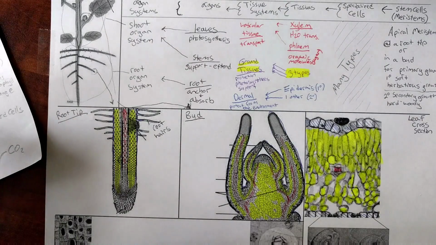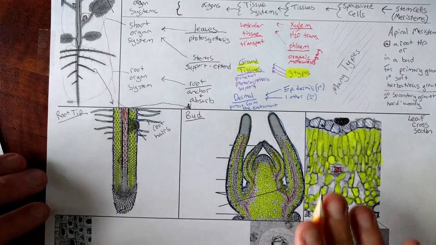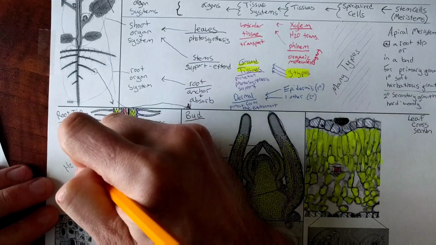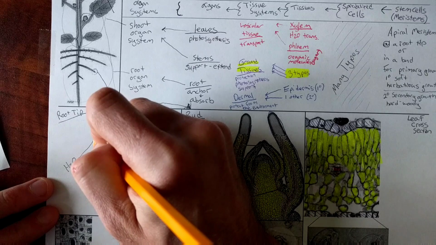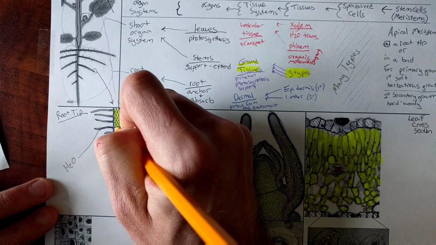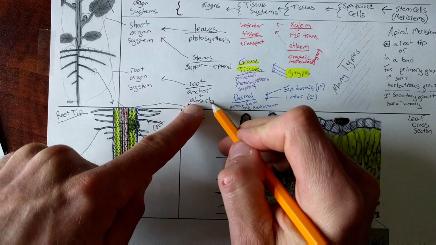Water and other, usually minerals. So H2O comes in up here where the cells have developed a little bit more, and they have these root hairs to increase surface area so you can get more things absorbed.